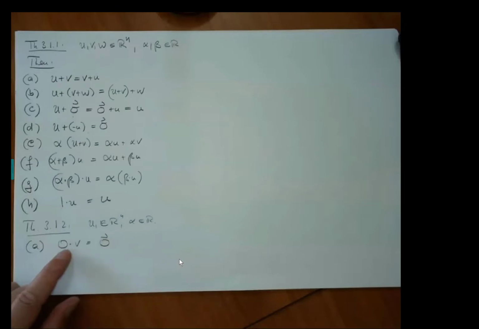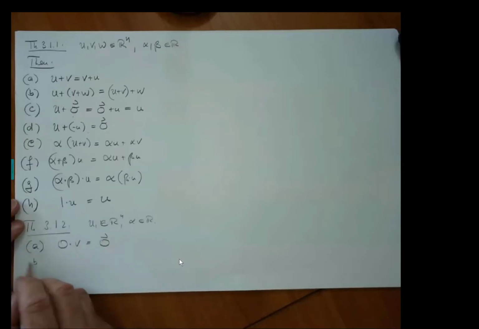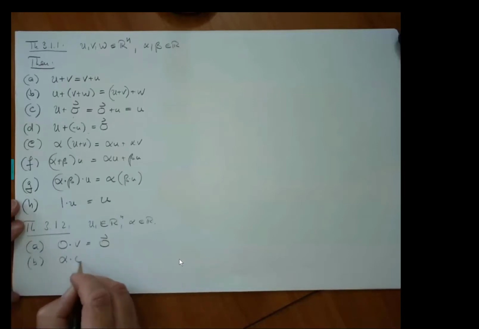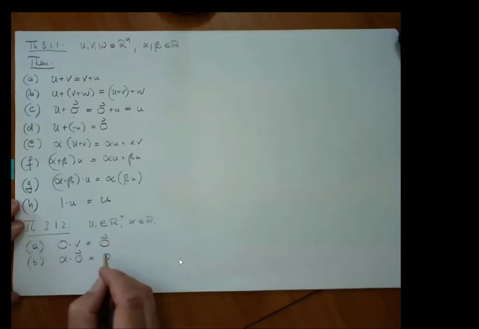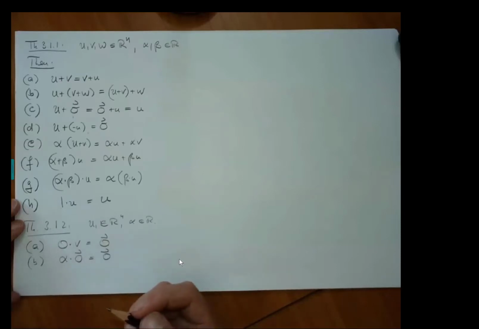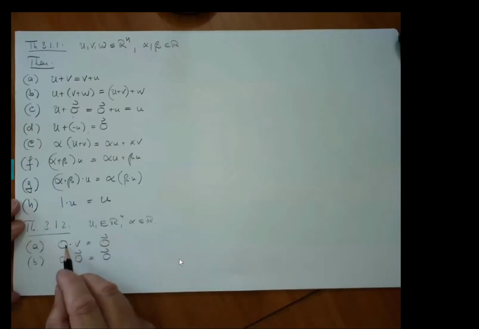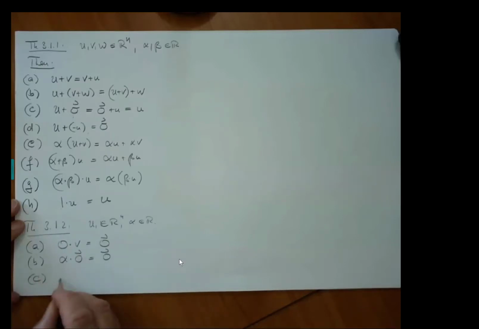So 0 times any vector is always the 0 vector. The next thing is, if you take any number and multiply it by the 0 vector, you get the 0 vector. So this is a 0 number, this is a 0 vector. And finally, if you multiply -1 times a vector, you get the inverse vector.